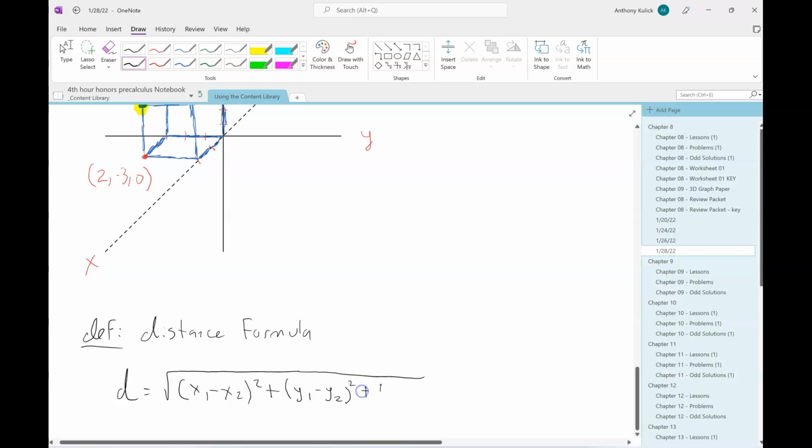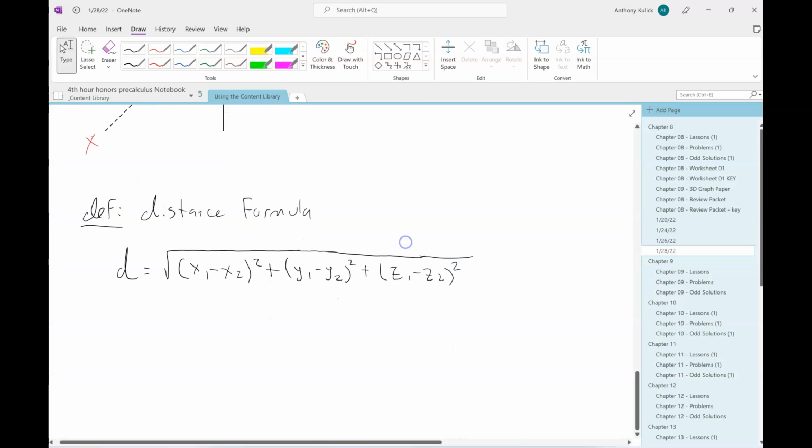In 3 dimensions, you just have a third component. But that's it. Works exactly like we'd hope it would, right? That seems pretty obvious. If we knew the 2D distance formula, we basically have the 3D distance formula. You guys feel good with that?